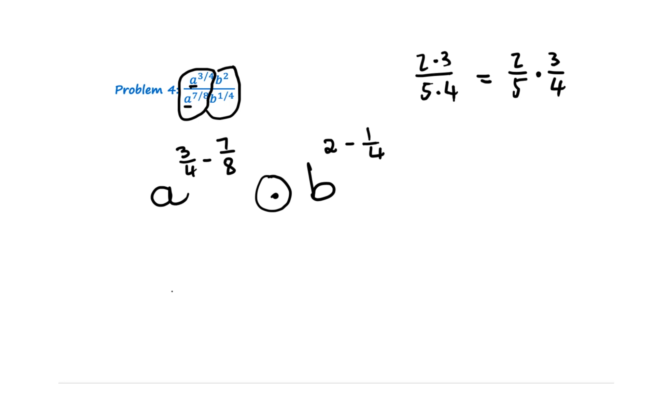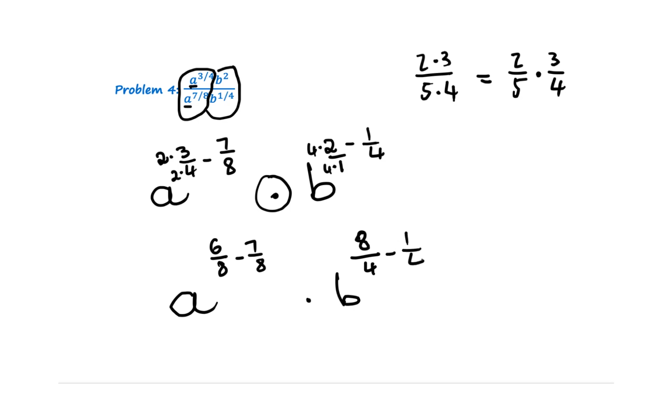All right, so we're subtracting fractions, they don't have the same denominator. So we have to find a common denominator. So times 2 times 2, since the greatest common factor here is 8. So I will end up having 6 over 8 minus 7 over 8 times b. See, this is 2 over 1 times 4 over 4. So 4 times 2, that's 8, and 4 times 1, that's 4, minus 1 over 4.